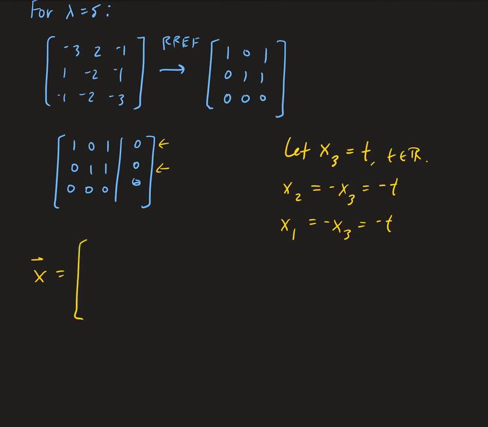So we have x1 is minus t, x2 is minus t, x3 is t. Writing this in parametric form, we get minus 1, minus 1, and 1.